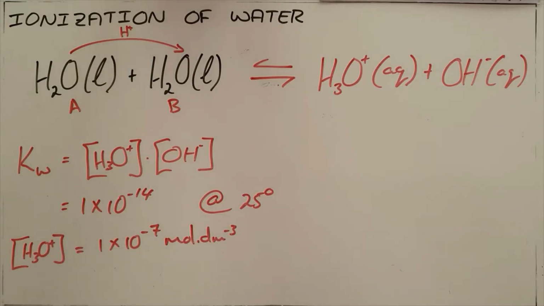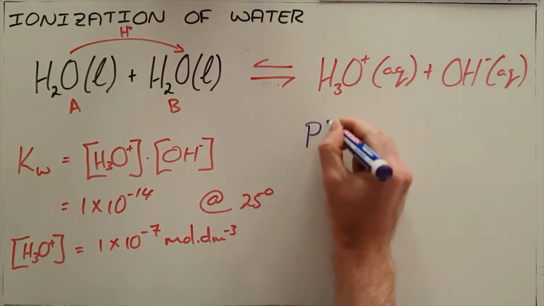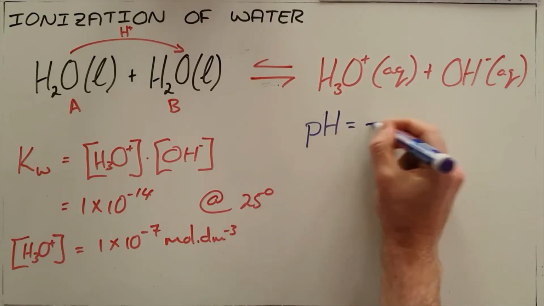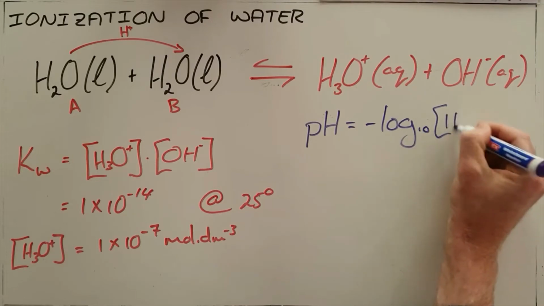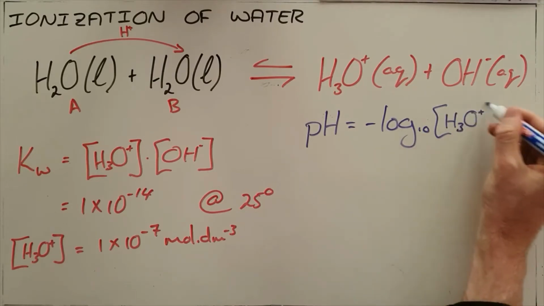This auto-ionization of water allows us to define a neutral or a midpoint on our pH scale. We know that the pH of a substance can be calculated using the negative log base 10 of the hydronium concentration.